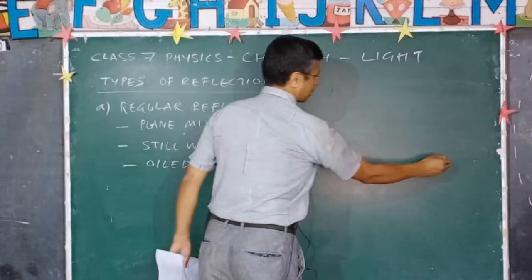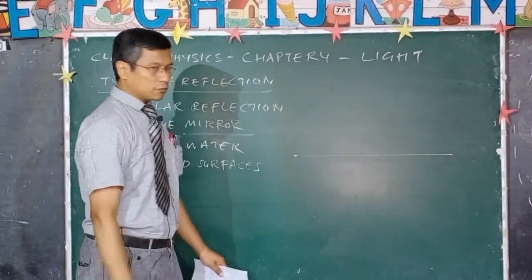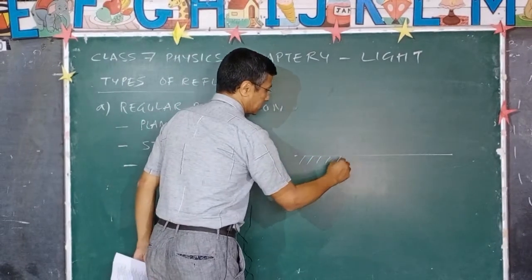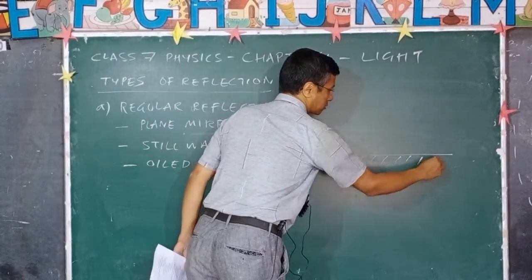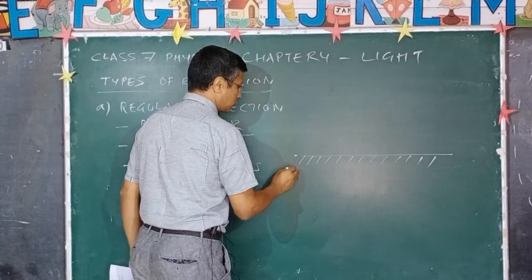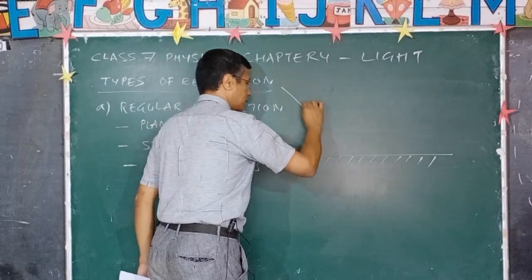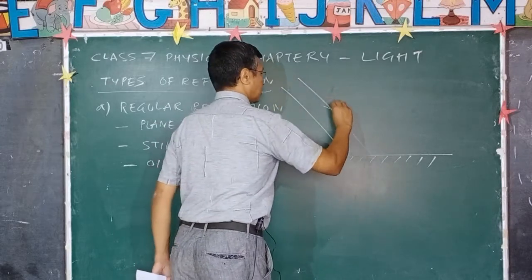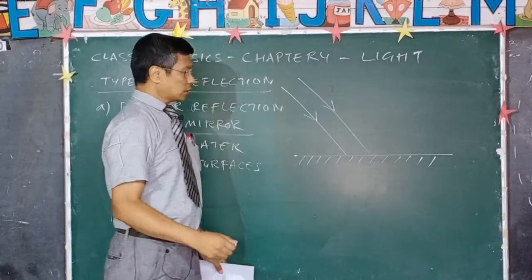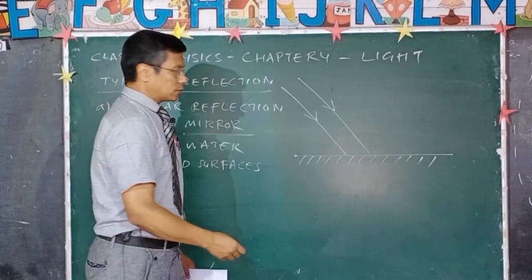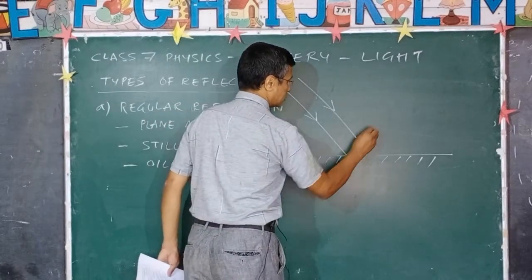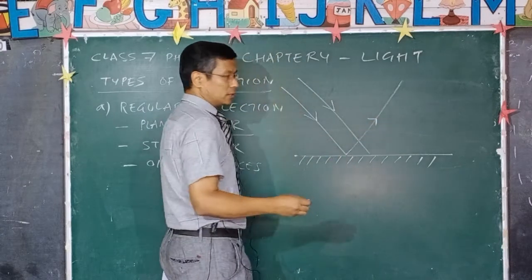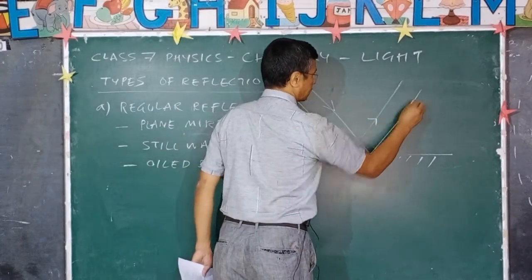In this case, the surface is smooth and polished, and let's say this is the back of the surface and this is the front of the surface. If I take two rays of light which are parallel to each other, after they reflect off the surface, you will find that these two rays reflect in such a way that they remain parallel.